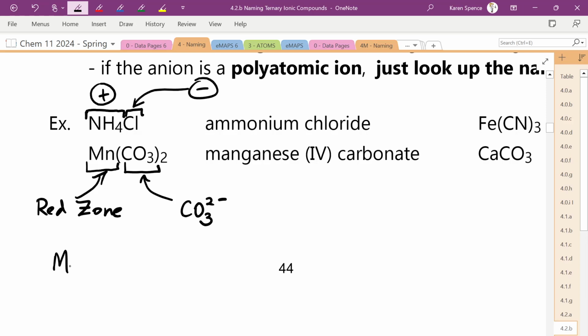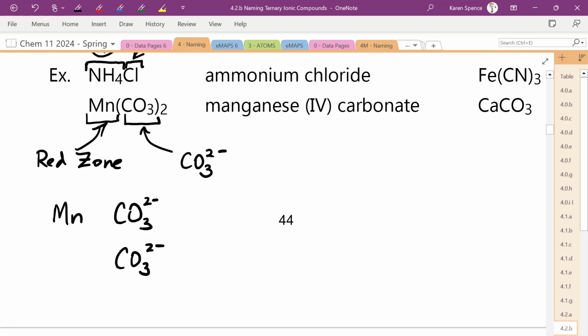You can either write out Mn, 1 Mn, and 2 CO3s. What do we do next? Add up the total negative. Remember, the whole compound has to equal 0.